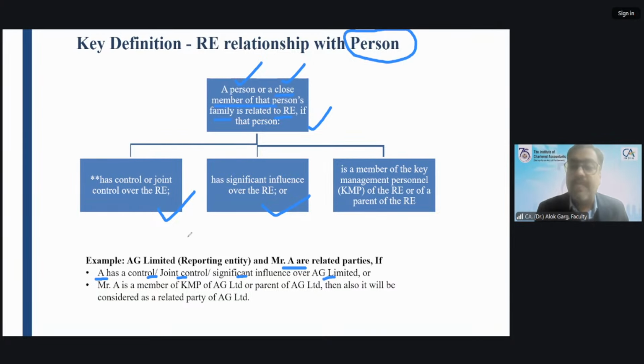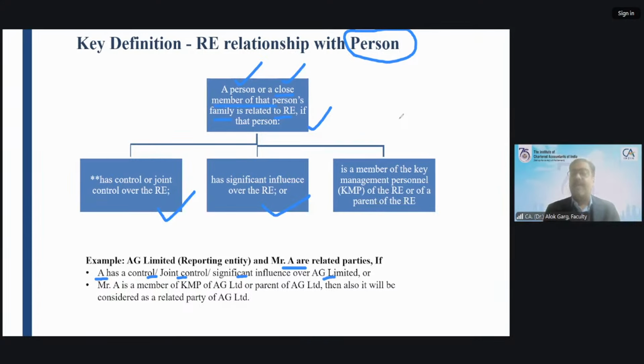Okay, friends, you have already understood the meaning of control under Ind AS 110, joint control under Ind AS 111 and Ind AS 28, and significant influence under Ind AS 28, right? So the meanings of control, joint control and significant influence are defined under Ind AS 110, Ind AS 111 and Ind AS 28.